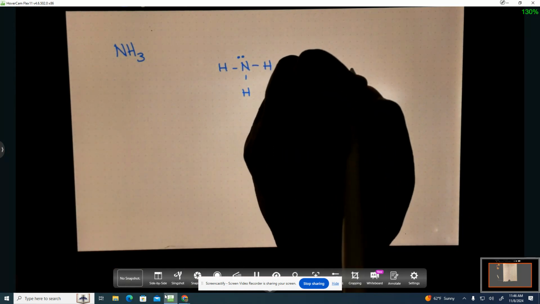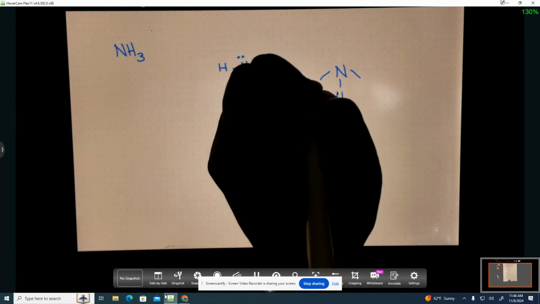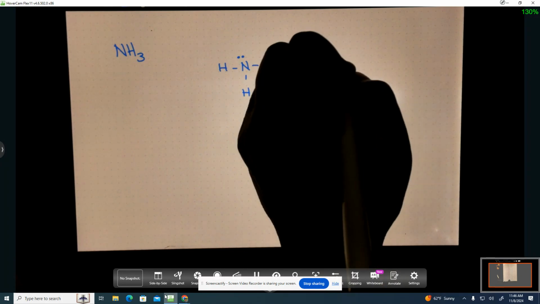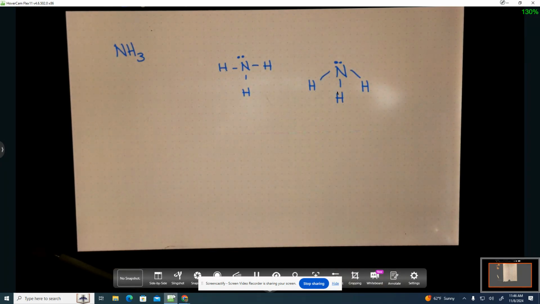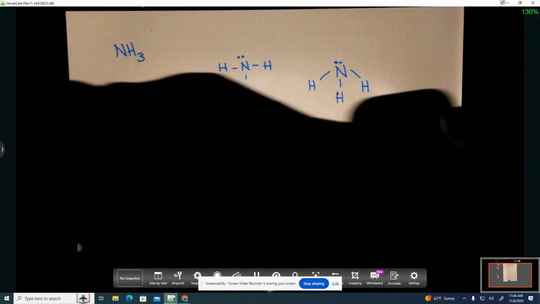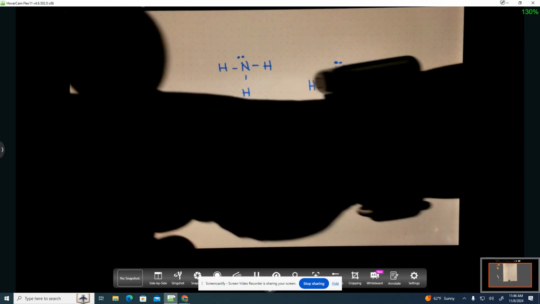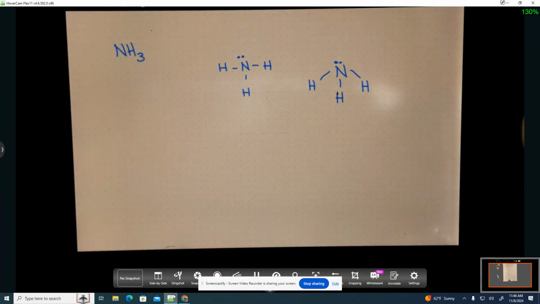So really, it's looking like this. Hydrogen, hydrogen, hydrogen. Okay? I know they're not the same size sticks, but something like that. Thanks, Trinity. Okay? What shape does this look like to you?